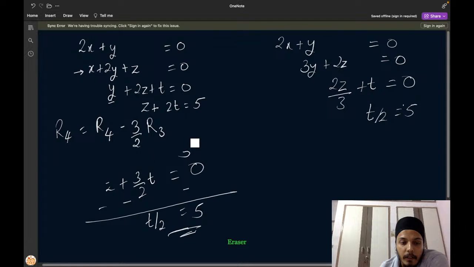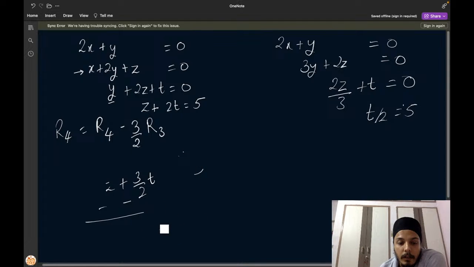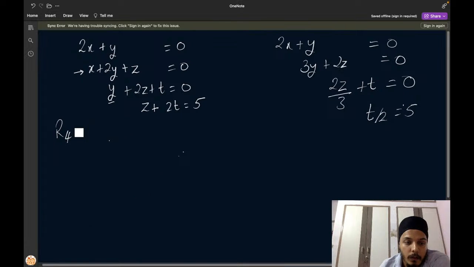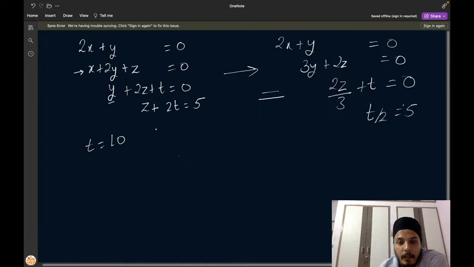Now we have done the forward elimination part. Our set of equations has moved from this portion to this portion, and now we just need to do the back substitution. Our t will become 10, as it is 5 times 2.